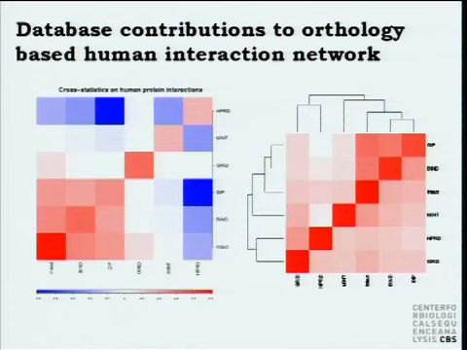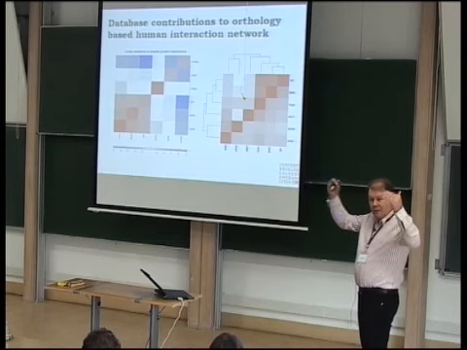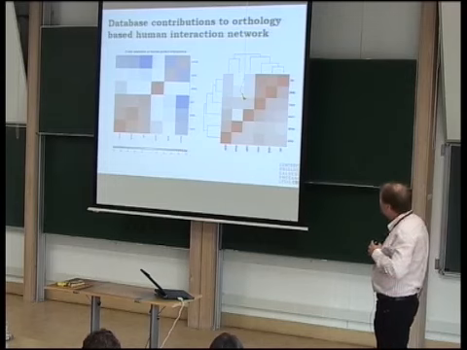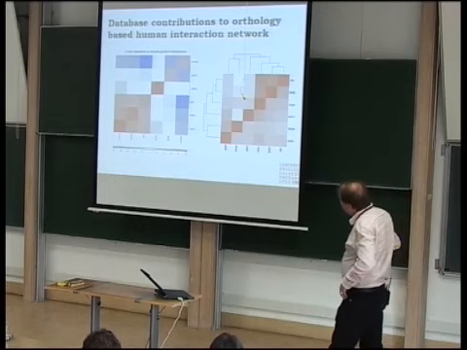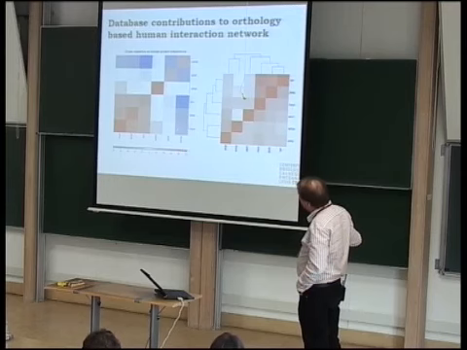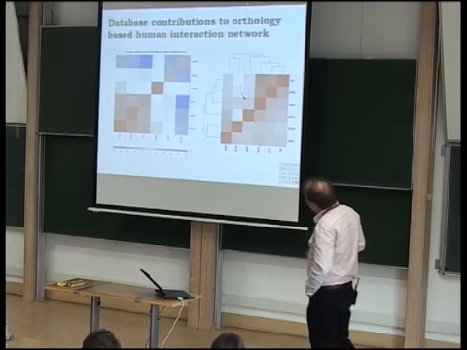Here, for example, we have made a human interaction network between all human proteins, and we have tried to transfer many of the interactions from other organisms through alignment via identification of orthologous proteins. And here you see a scale on the number of interactions that come from various databases and how many you can find in one database or the other.